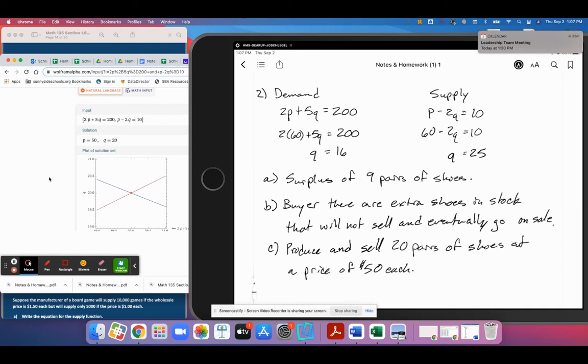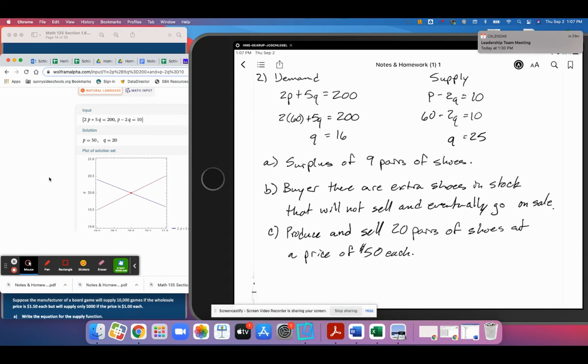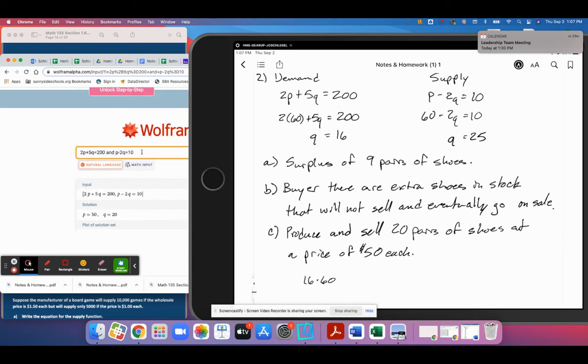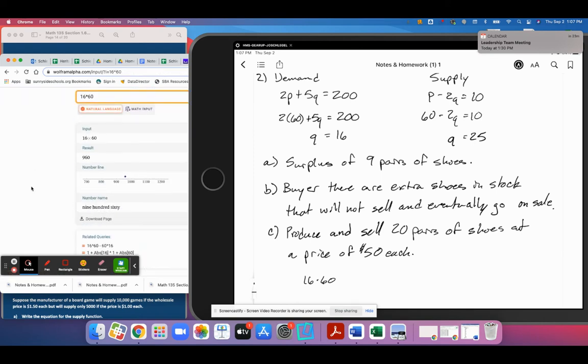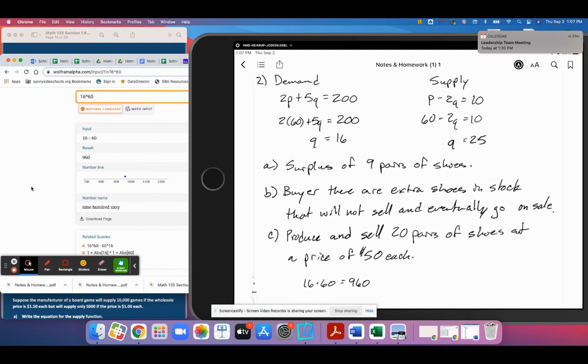And you'll notice, let's do a quick little analysis here, okay, everyone? If we did $60, the 16 pairs that would sell, we would have 16 times 60, and that would give us a result of $960. But if we were to change the price and drop it a little bit down to 50, we would reach market equilibrium.